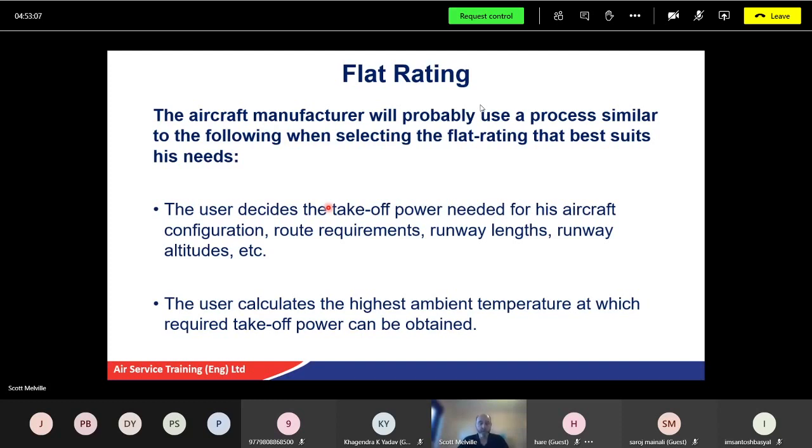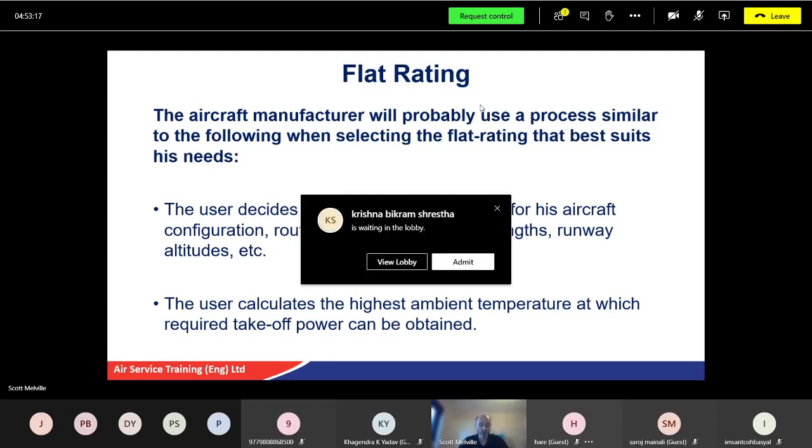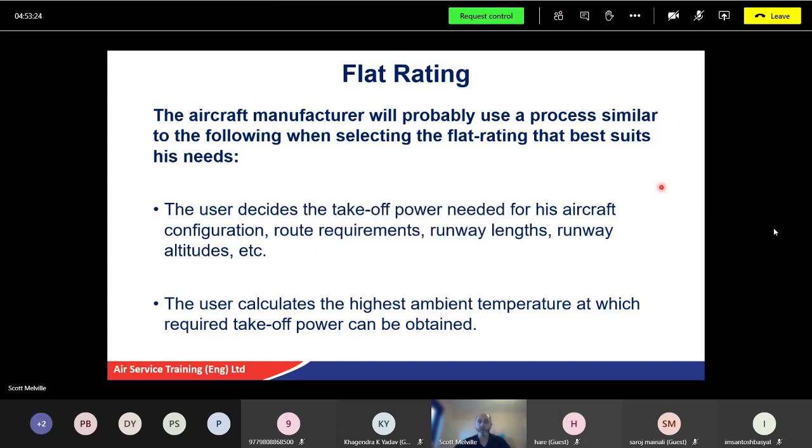Make sure the fuel figure is correct, the cargo, the weight, your baggage, all that sort of thing is correct. The temperature of the day, all input correct. And sometimes you'll do a manual check. They'll do a check against the graph as well as the computer just to back up. Because you never know, sometimes the computer can be wrong. Again, that's up to the engineers and the pilots to actually recognise that just in case that happens.